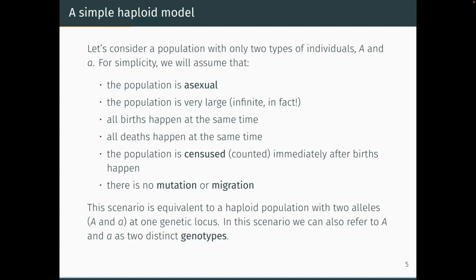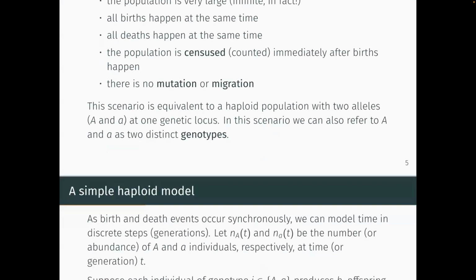We're going to essentially assume synchronicity, so that all births happen at the same time, all deaths happen at the same time. We're going to be starting off looking at discrete generations. All births and all deaths being synchronized helps with that. We're going to census our population, or count it, immediately after our births happen, and there's going to be no mutation or migration. All of these things just help us to simplify our model.